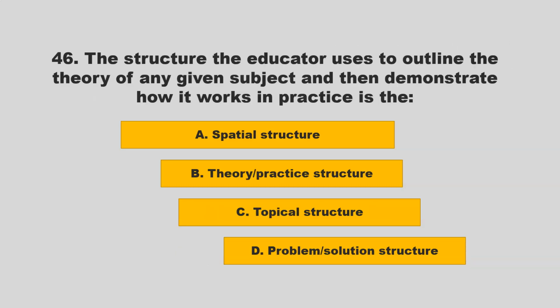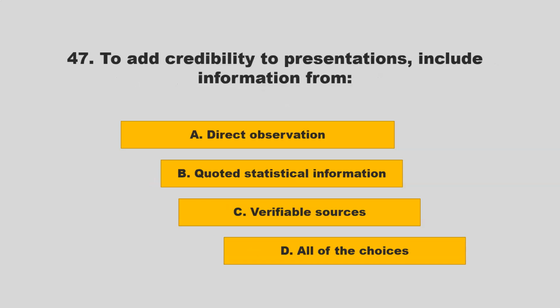The structure the educator uses to outline the theory of any given subject and then demonstrate how it works in practice is the spatial structure, theory practice structure, topical structure, problem solution structure. If you chose B, theory practice structure, you are correct.